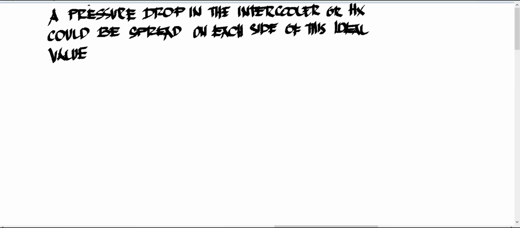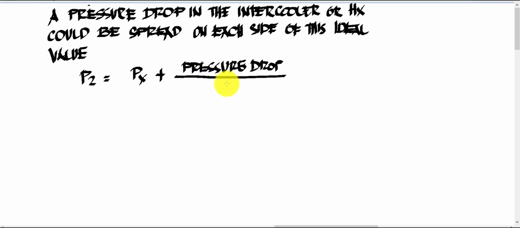Now, for a pressure drop in the intercooler or the heat exchanger, it could be spread on each side of the valve. So we have your P2, so that will be your Px, plus now we have your pressure drop. So we can spread those pressure drops on both sides, so that will be divided by 2.